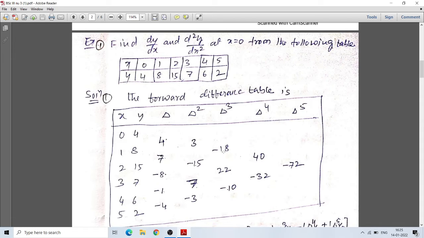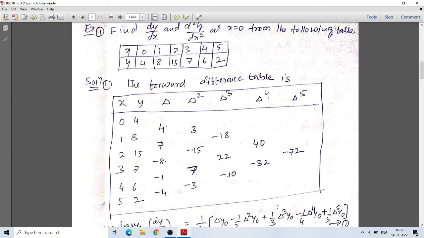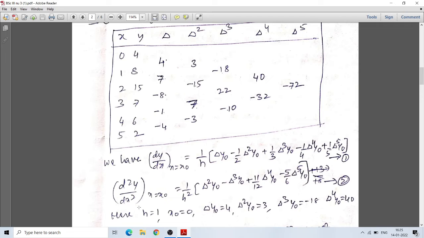Now next we find the third order and fourth order differences in the same way. Here we consider the delta y naught value, delta square y naught value, delta cube y naught value, delta to the power of 4 y naught value, and delta to the power of 5 y naught value. We already know the formulas. The first derivative dy by dx at x equal to x naught is equal to 1 over h, delta y naught minus 1 by 2 delta square y naught plus 1 by 3 delta cube y naught minus 1 by 4 delta to the power of 4 y naught plus 1 by 5 delta to the power of 5 y naught, called equation number 1.